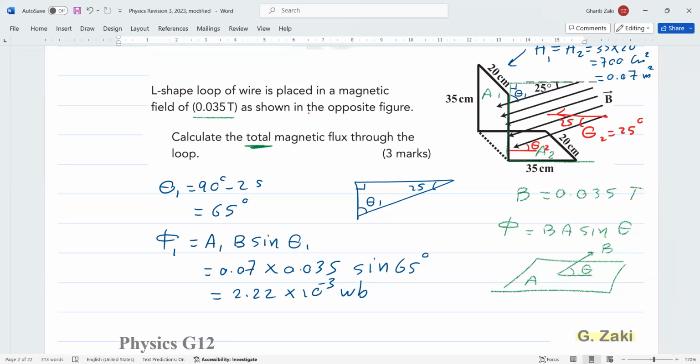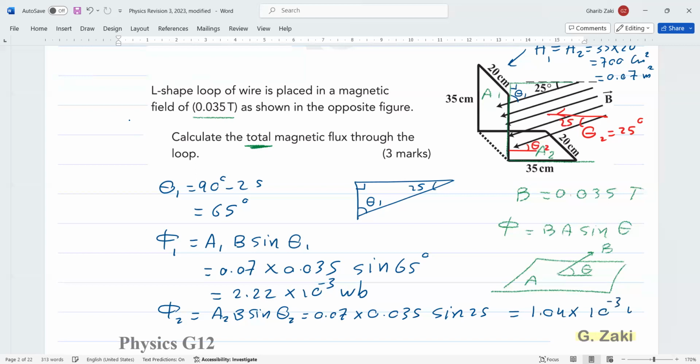Then phi 2 through the second area is A2 B sine theta 2. A2 is the same as A1, 0.07, and B is also the same, 0.035, sine 25. We calculate this value, it will be 1.04 multiply 10 to the power negative 3 Weber.